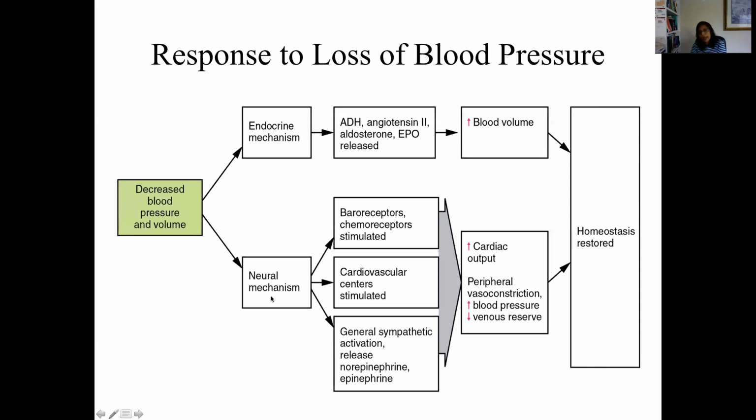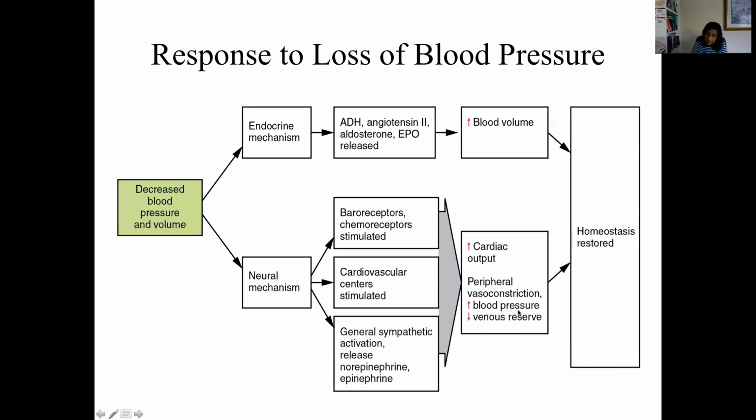What kind of neural mechanisms are turned on? Well, whenever there is a drop in blood pressure, baroreceptors or chemoreceptors or both are stimulated. Cardiovascular centers are stimulated via these receptors, and then there is general sympathetic activation. All of this results in increased cardiac output, increased peripheral constriction, increased blood pressure, and increased blood volume.